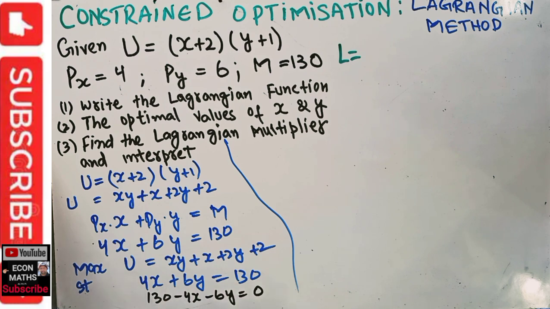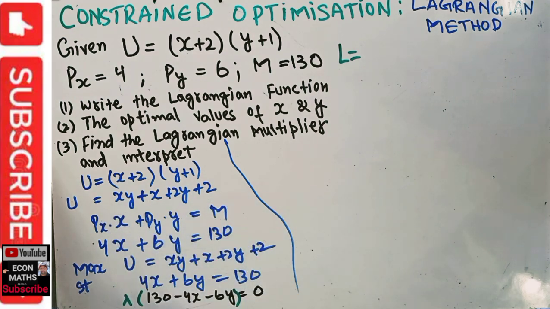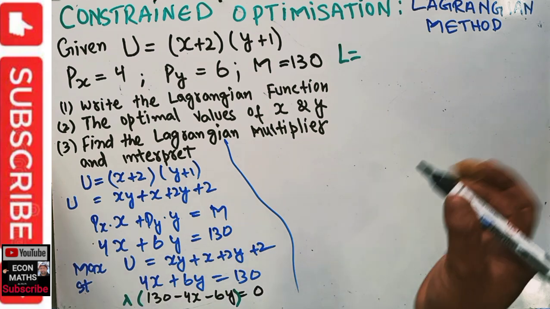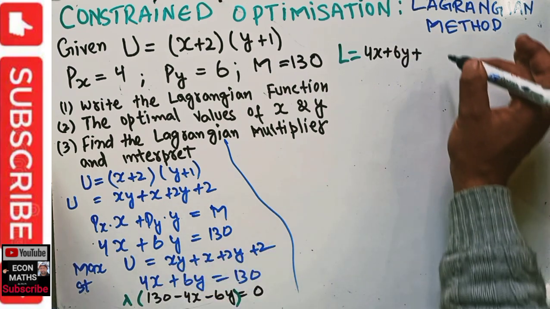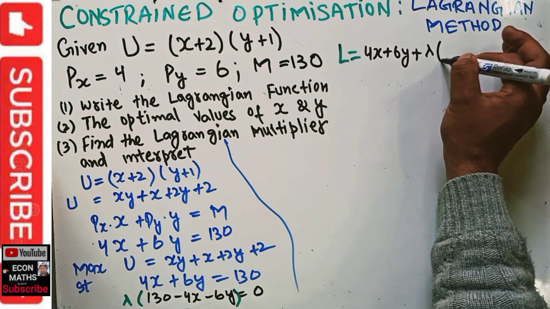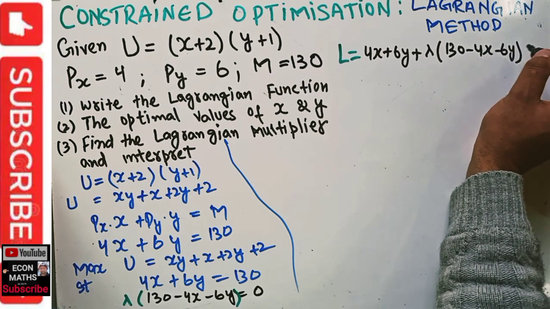So first we set the budget constraint equal to 0, then we multiply it by lambda. Then our Lagrange's function is the given utility function, what we call the objective function, plus this resulting budget constraint, that is lambda times (130 - 4x - 6y). Okay, this is our Lagrange's function.